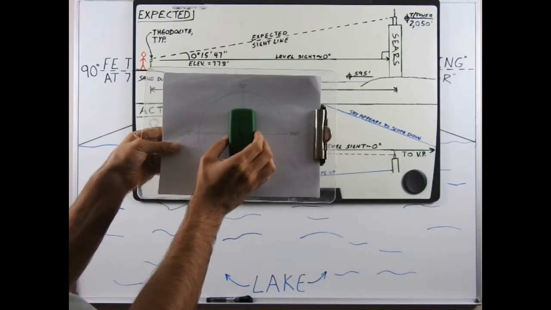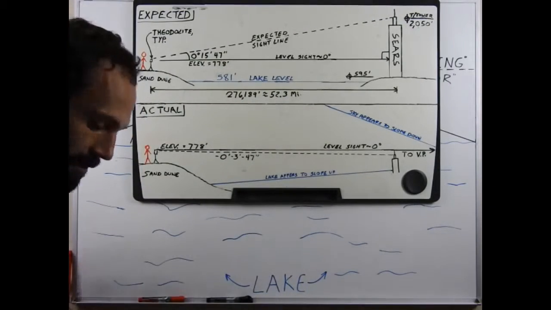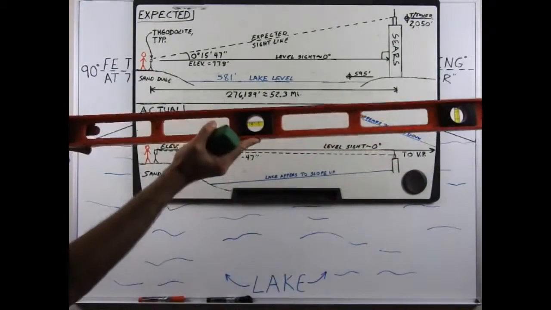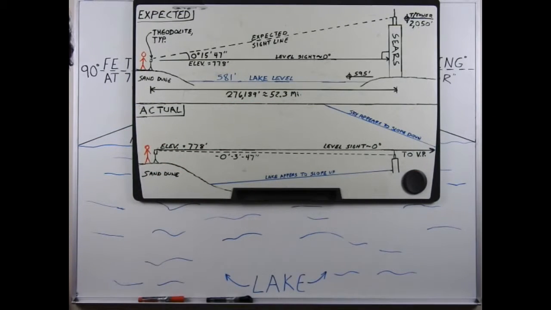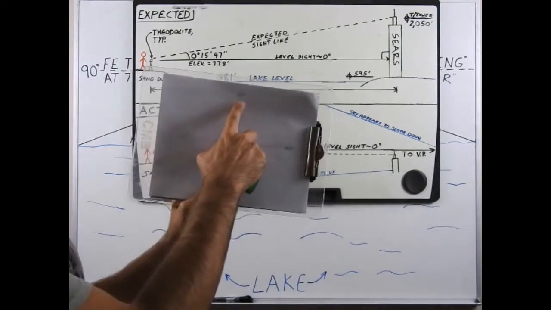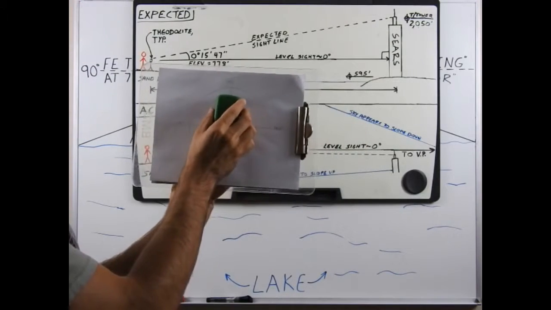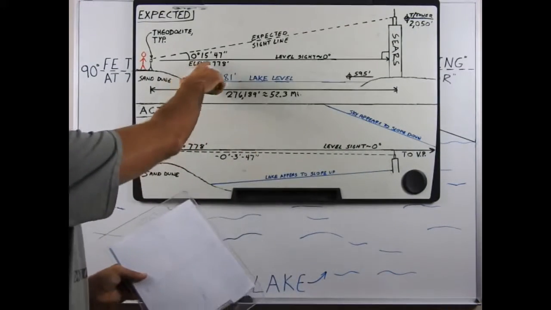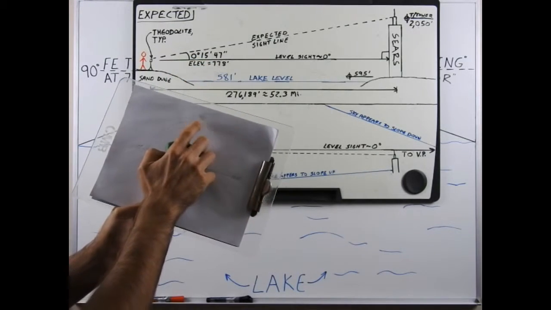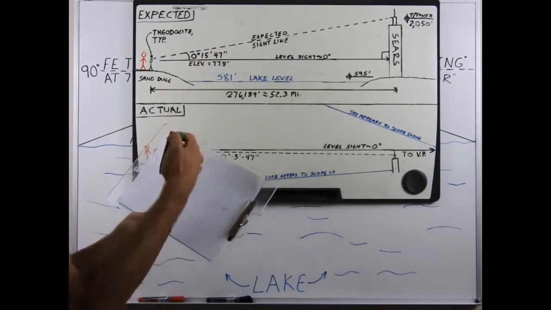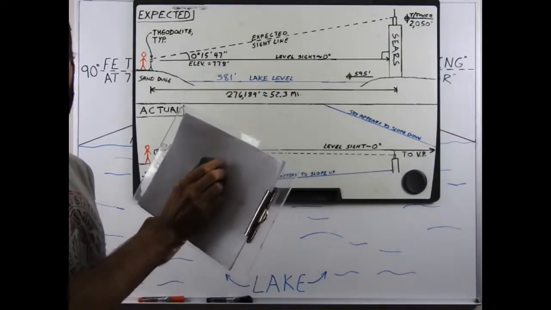When the scope is pointing perfectly level, straight out at the horizon, the crosshair is level, okay? Does that make sense? Then the angle on the theodolite will be 90 degrees, because it's working off a vertical angle, not a horizontal angle. So if he has to rotate it up to get this angle, he would get 90 minus this small angle, which would give 89 degrees and some minutes and seconds. I can't figure that out in my head, but you see what I'm saying.